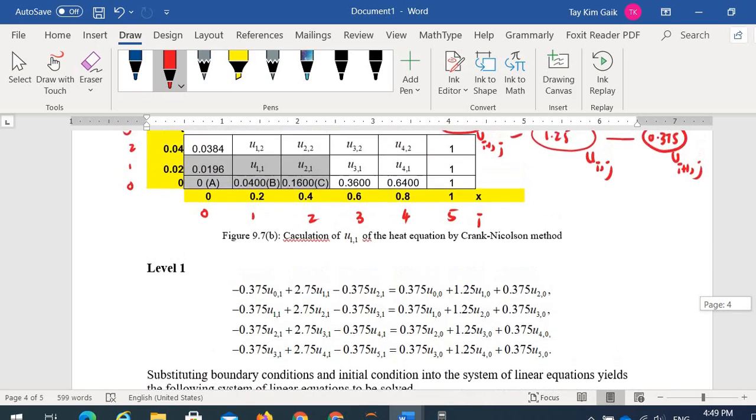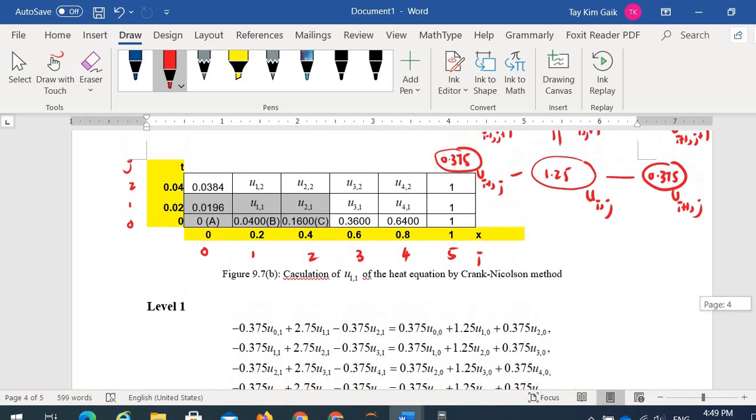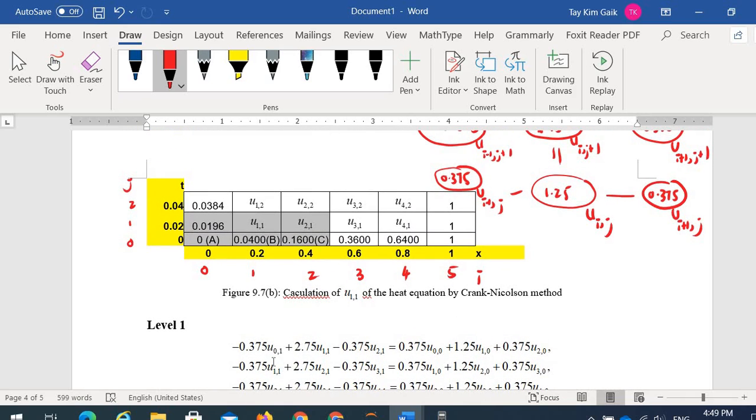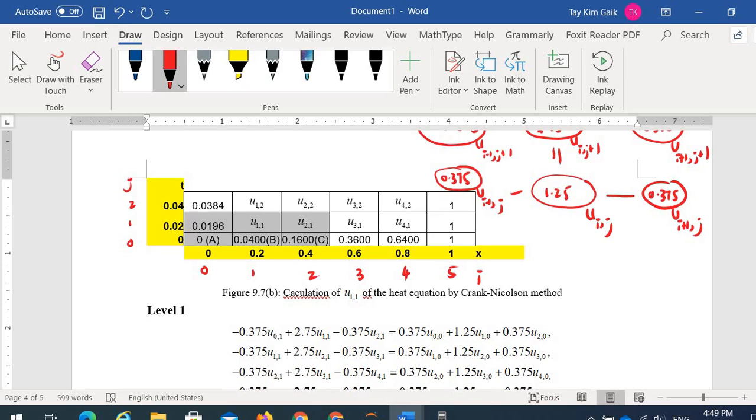If manual, you apply your molecule, with negative 0.375.